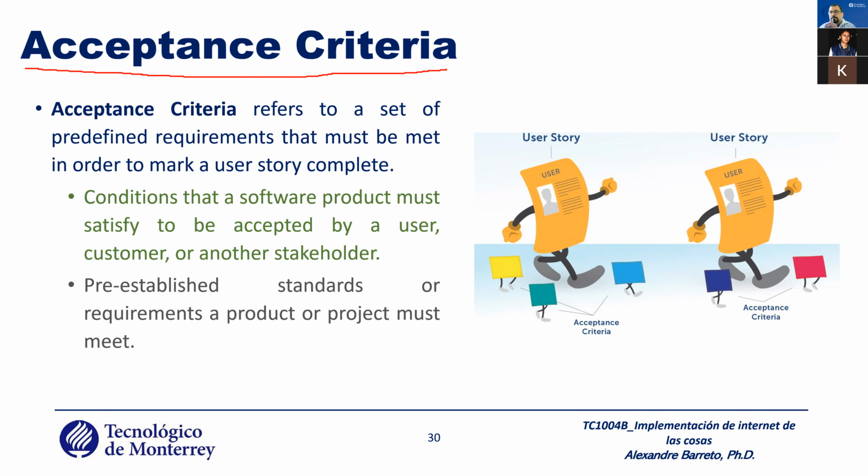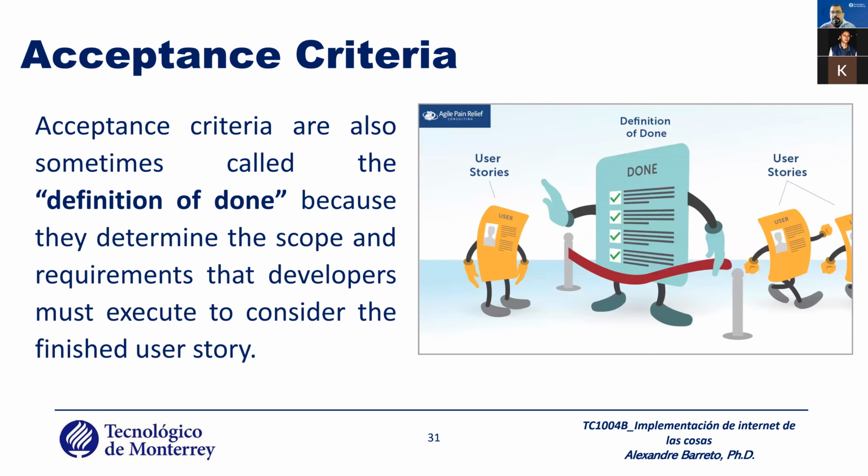Again, you define the constraints. As I said, acceptance criteria you can also call the definition of done. In a project, after the development, you have a meeting with the user and you show the user that you met all of the acceptance criteria.